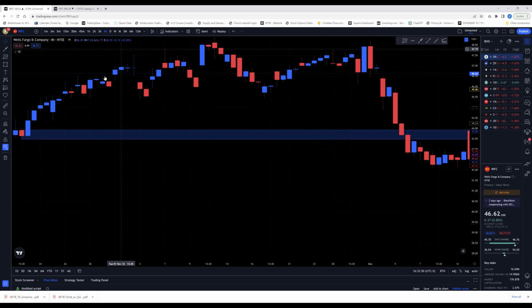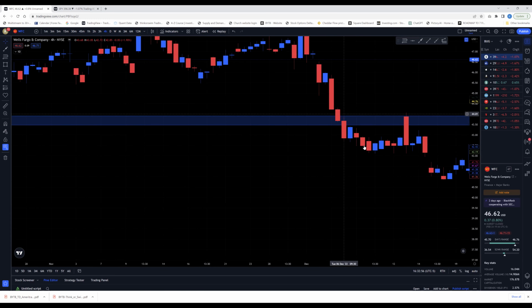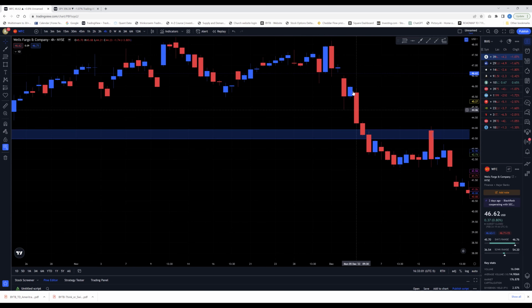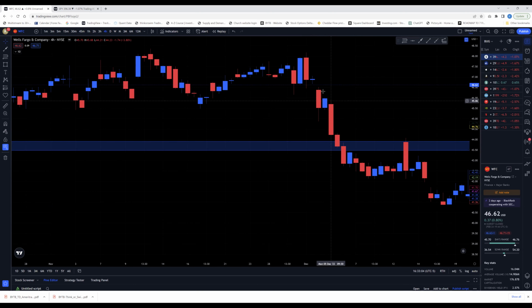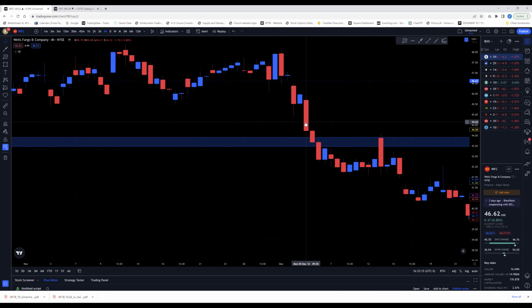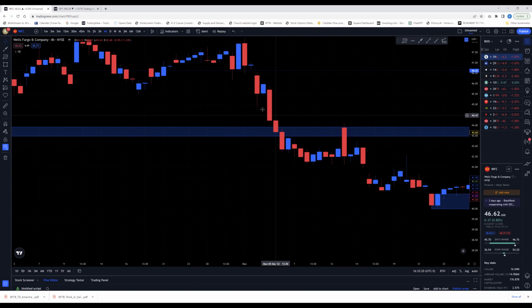So now, based on this, it came back to the zone, but it actually continued to go down. So when we look at this, this is another one here. Based on this move, number one, you've got a gap down, you've got a drop, base, drop, right? And obviously with what's been going on in terms of a downtrending market, especially back in December, this is why we have to make sure we test this demand zone, because we know this is at a time when the market was going down.